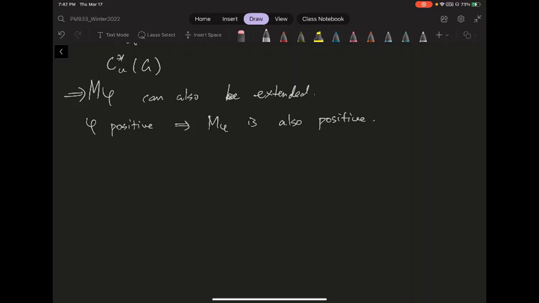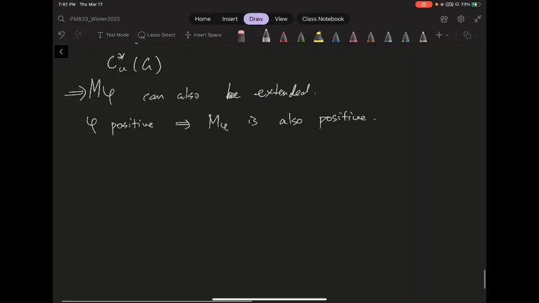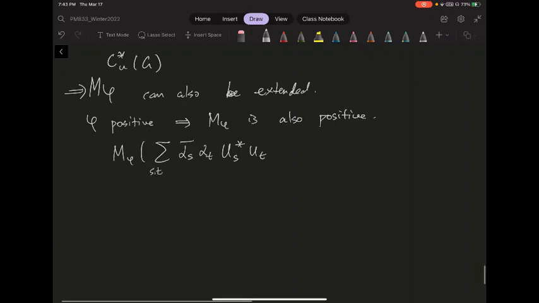So you really need to show that m phi is just positive on the positive elements of the group algebra. So your m phi, if you take something, let's say summation of alpha s times alpha t bar of u s star and u t. So here I use the universal one. I treated them as an entry in the universal one. So here s, t are inside some finite support.